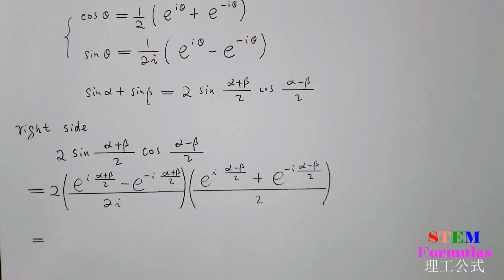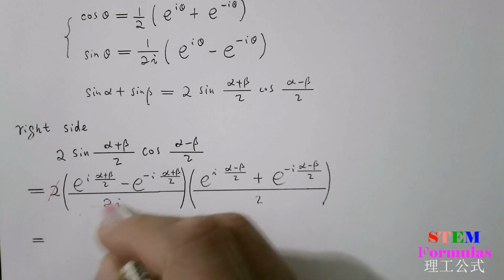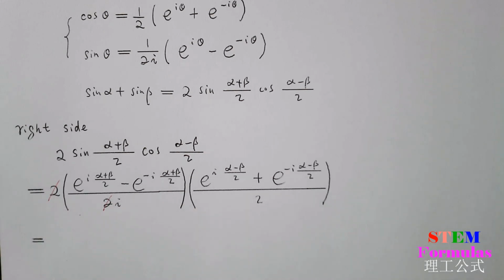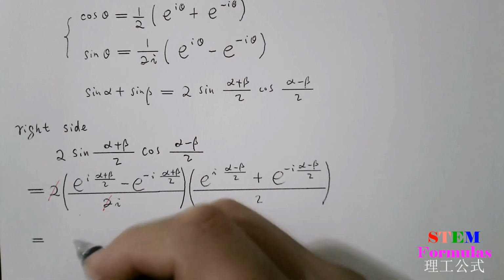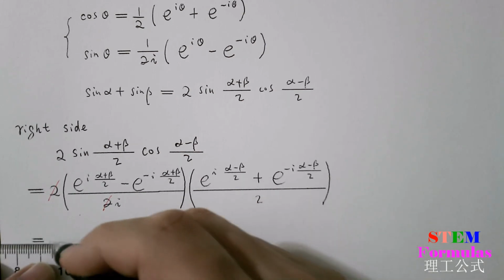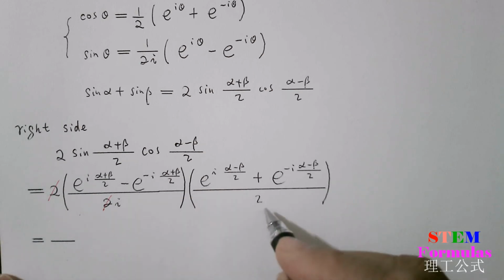So this 2 cancels with this 2, and this 2I here, so we write down, I put in the front 1 over 2I.